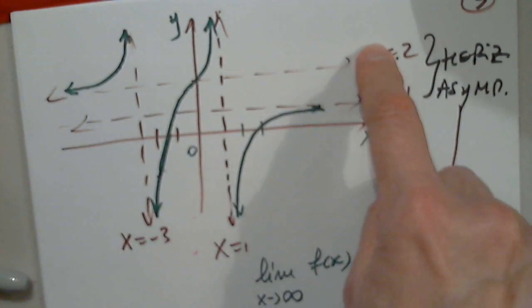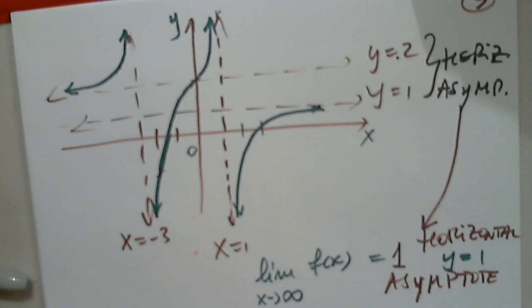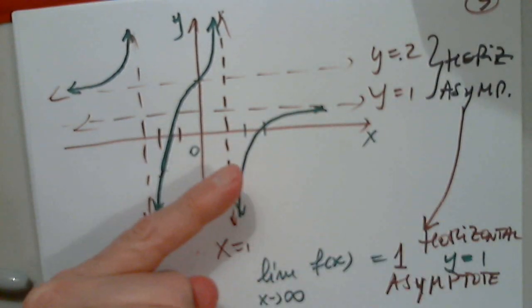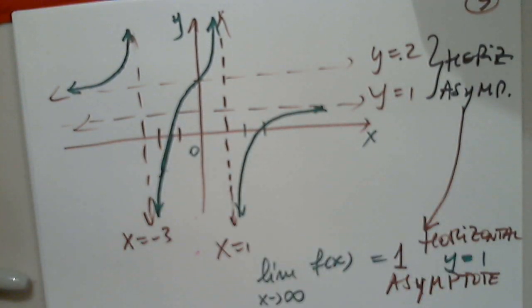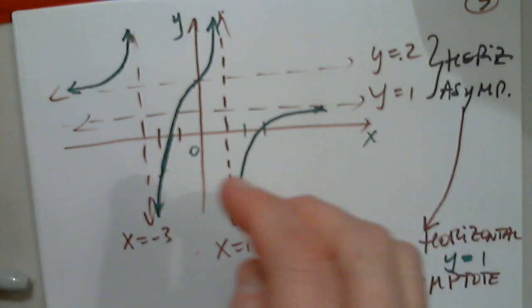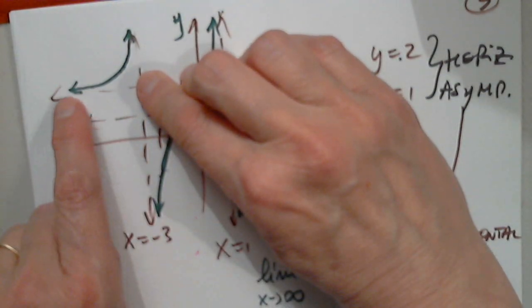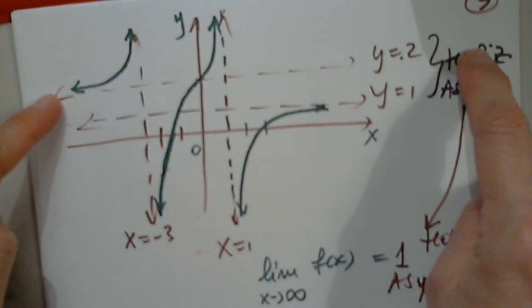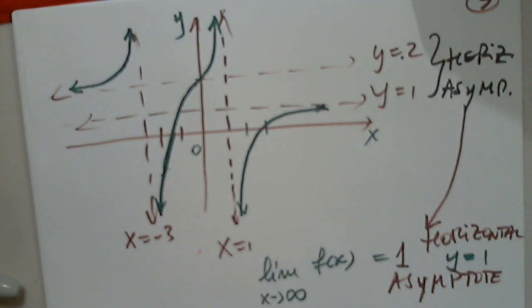That's why this is a horizontal asymptote, y equals 2, at negative infinity only, and this is a horizontal asymptote, y equals 1, at positive infinity only. But when I graph a line, I cannot just graph this piece or this piece. I have to graph a line. And I have to graph a line. That's why you see them everywhere.